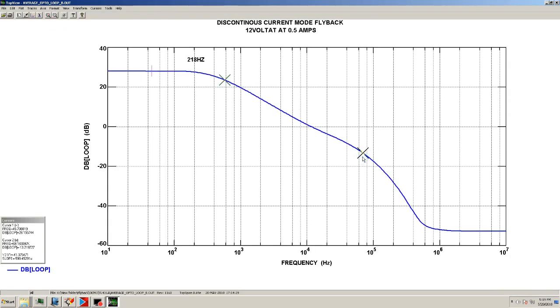And just say that's probably in between. So this is close to 87 kilohertz.